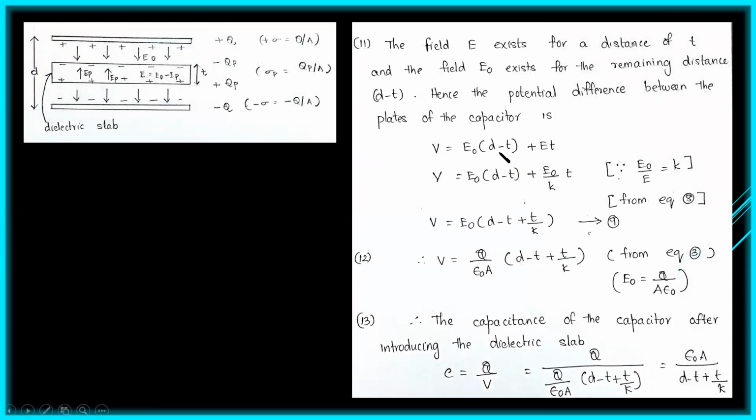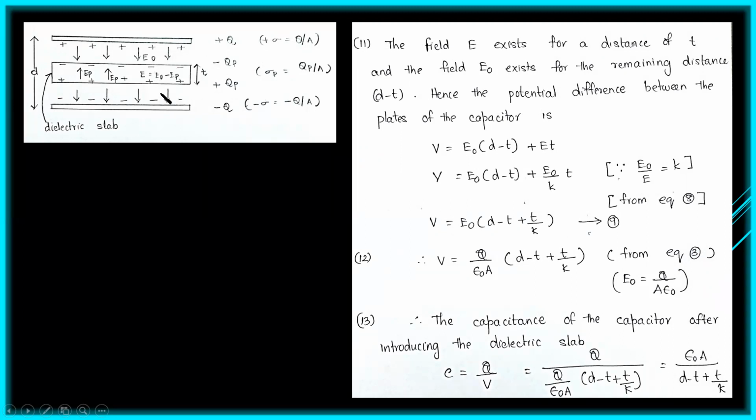So you can see here, V is equal to E naught into (d minus t) plus E t. In place of E, we have substituted E naught by k. So here in the place of the dielectric, we have an electric field of E. Outside, here it is E naught and here it is E naught.